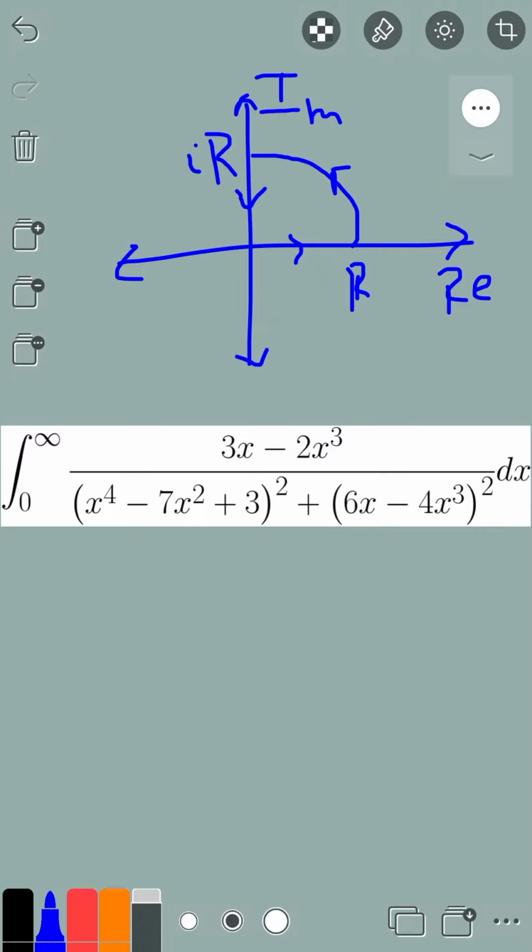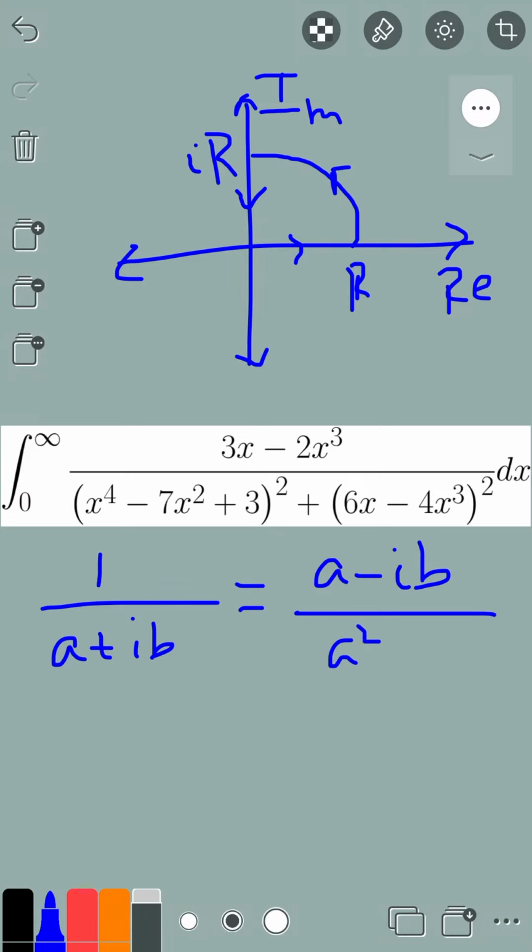And the reason why I chose that function is because you should know this computation of division of complex numbers. When we have 1 over a plus ib, you can multiply both the numerator and the denominator by a minus ib. Then we get a minus ib over a squared plus b squared.